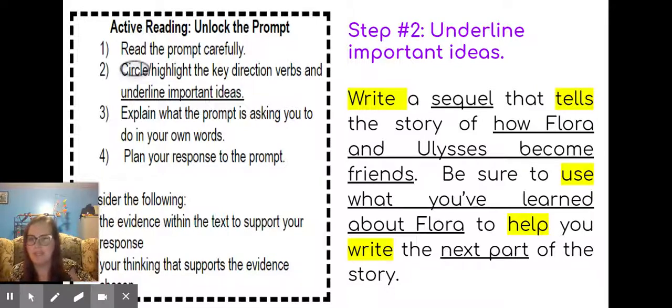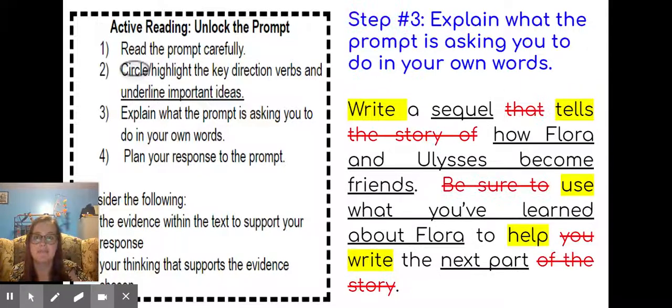Now, step number 3 is explain what the prompt is asking you to do in your own words. Because we've gone through, we found the verbs, we found the big ideas, but there's a lot of extra stuff in there. So what can we do to make it so this prompt makes sense to us?